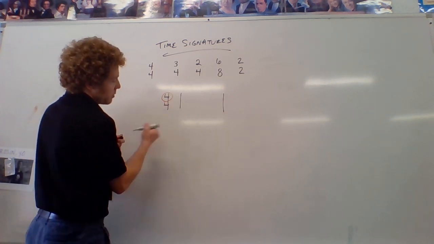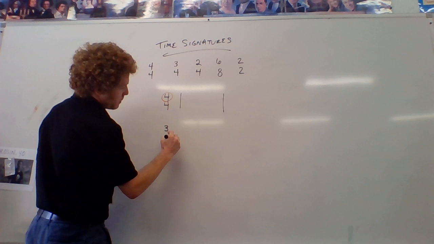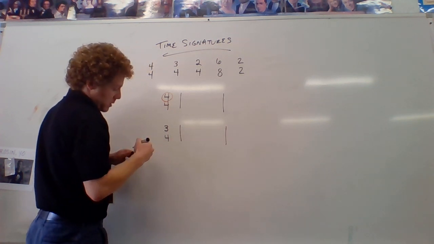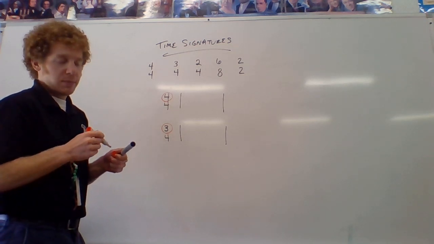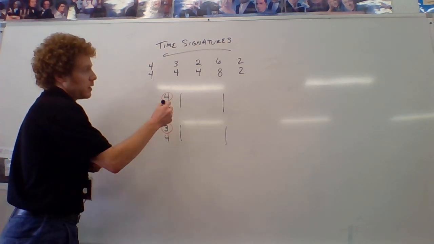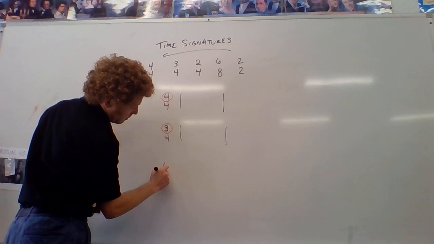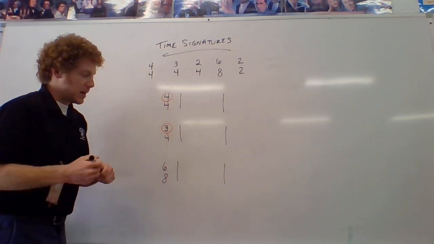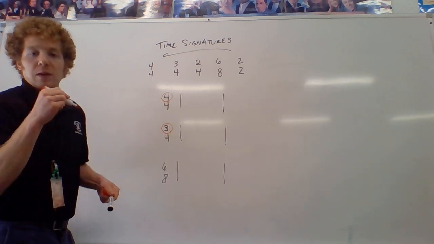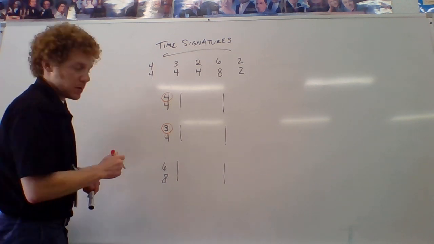If we look at a measure of music in 3/4, the top number tells us we'll have 3 beats in that measure of music. Alright, if we look at a measure of music in 6/8, that top number tells us that we have 6 beats in that measure.